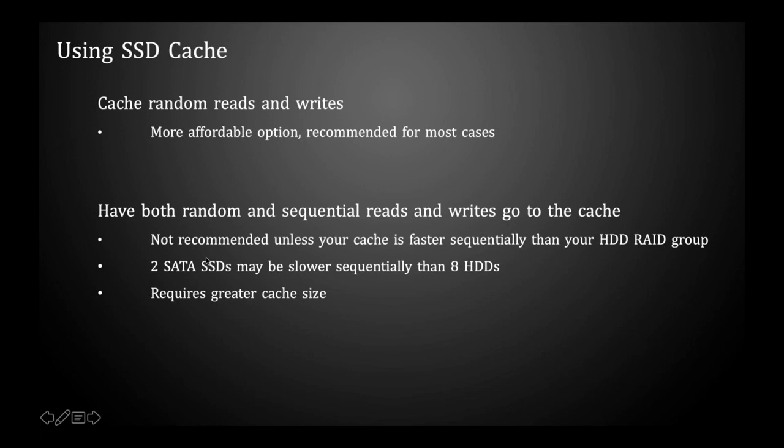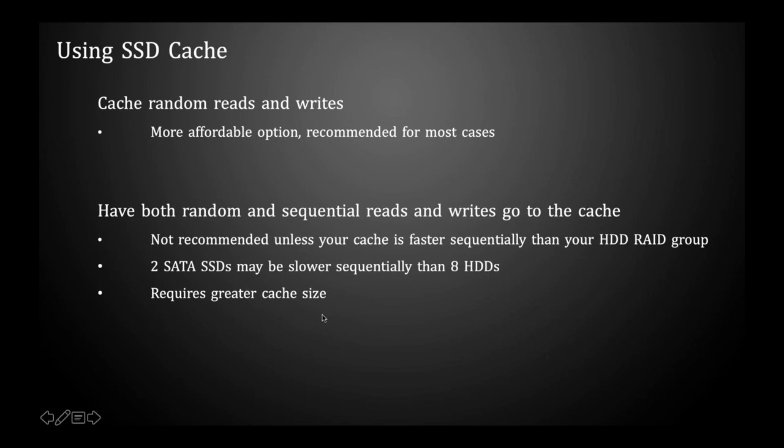So if you want to cache both random and sequential, I'd say for SATA SSDs, a minimum of 4 SSDs, so that the sequential performance of your SSDs is more than your HDDs. Alternatively, you could use NVMe cache. The NVMe cache can be very fast.